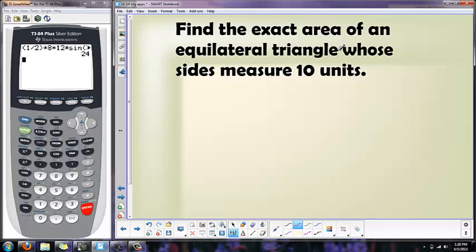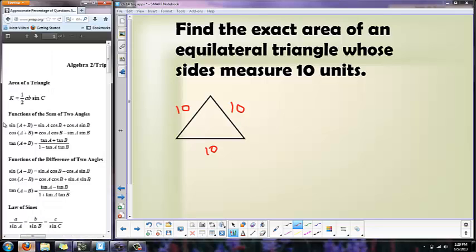Find the exact area of an equilateral triangle whose sides measure 10 units. Well, we know in an equilateral triangle all the sides are the same. But don't we need an angle to figure out the area using this equation?